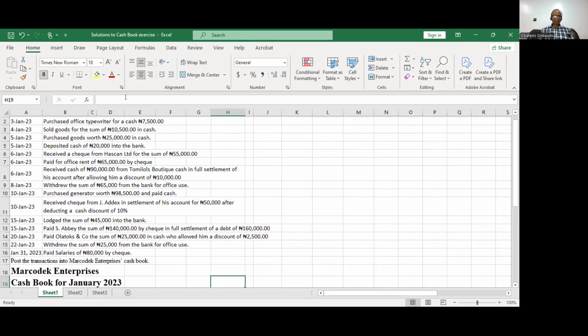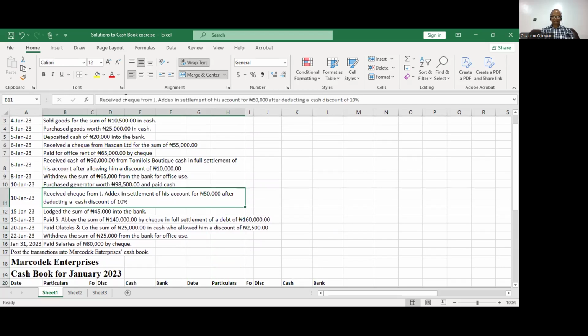The next transaction: receive check from J. Ades in settlement of his account for 50,000. So in this man's account, it was 50,000, in settlement of his account after deducting a cash discount of 10%. What is 10% of 50,000? That's 5,000.